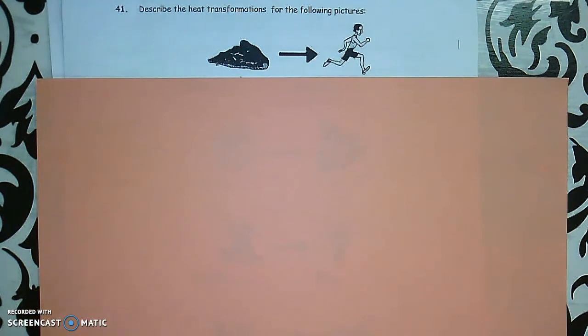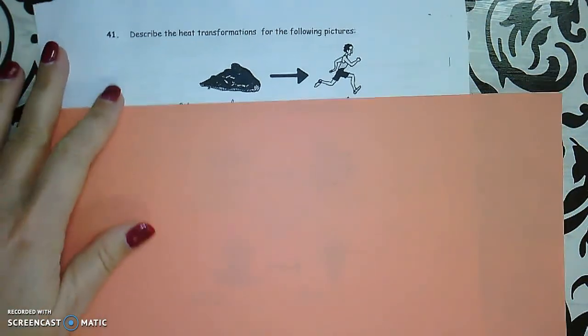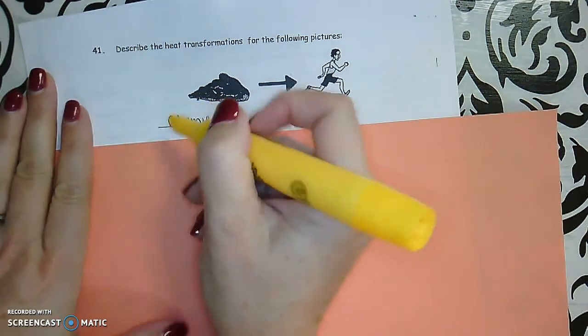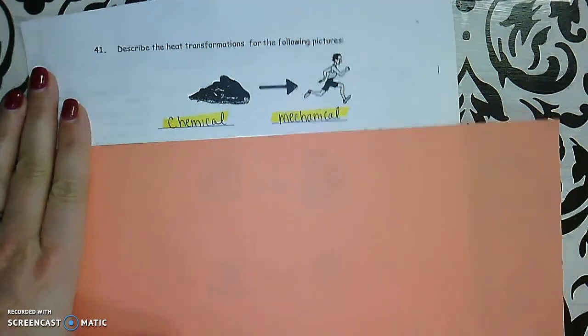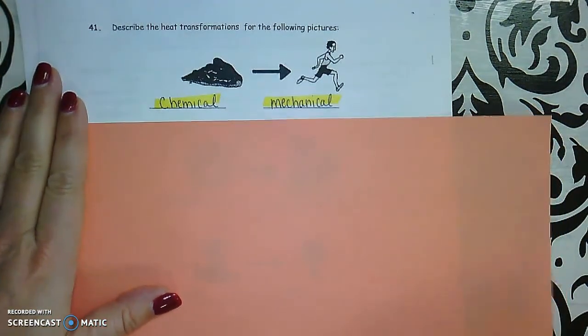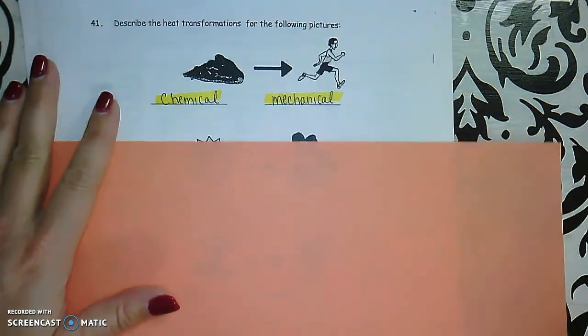On this next page, we have pizza going to a person running, and that is going to be, pizza is a stored energy. It's a potential energy, specifically chemical, to the person running, which is mechanical. Then we have the sun going to the flower.